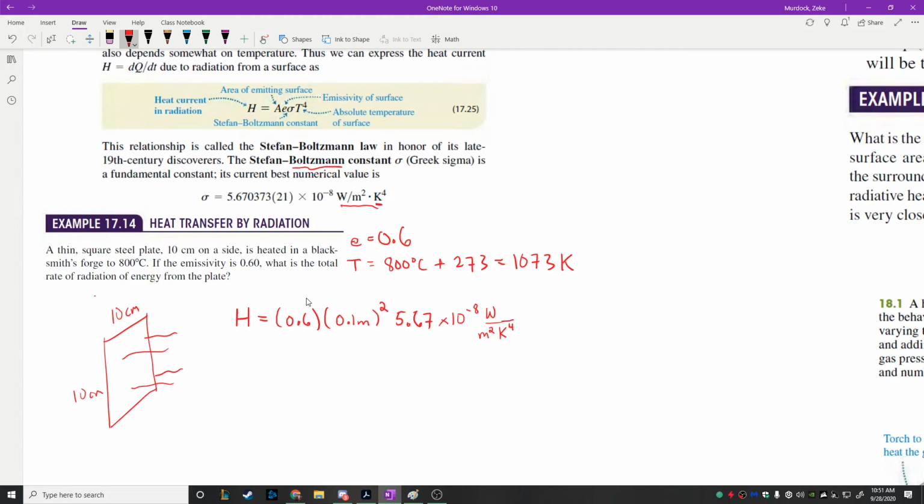So that thing multiplied by T to the fourth, so did I do this right? 1073. I'm sure you guys will say something if it's wrong. So what's that equal to if you calculate that?